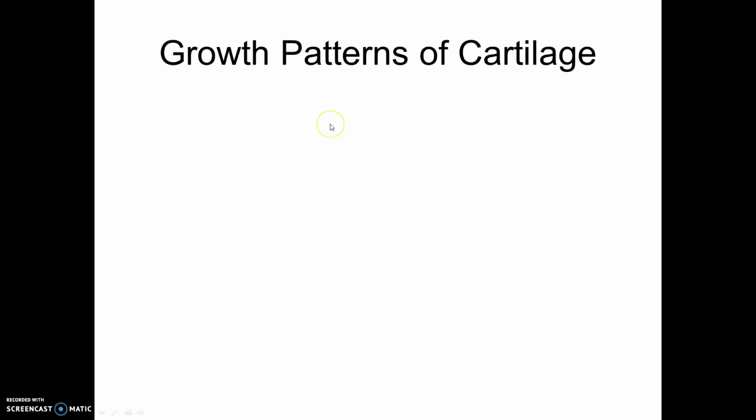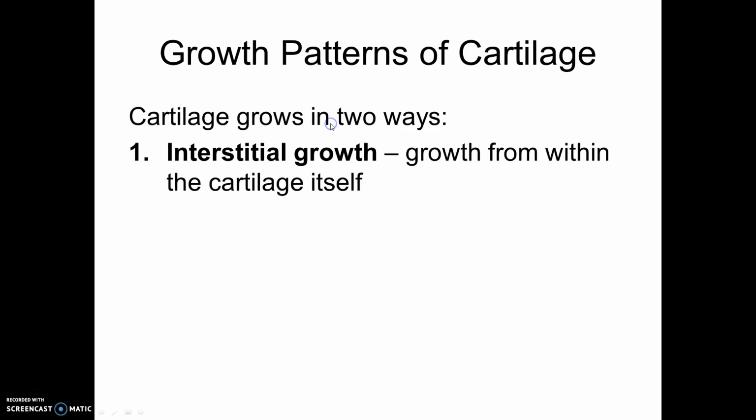All right, so we're going to look at some growth patterns of cartilage next, starting with how cartilage grows in two ways. Interstitial growth is growth from within the cartilage itself by way of the activity of the chondrocytes themselves. In interstitial growth, which is really important during fetal development, the chondrocytes are mitotically active.